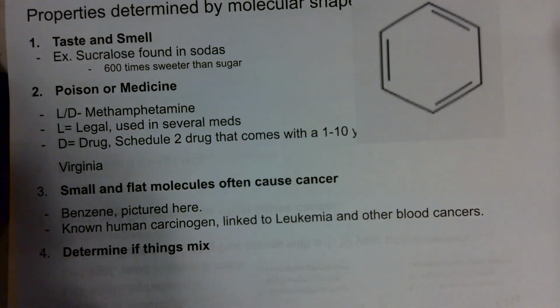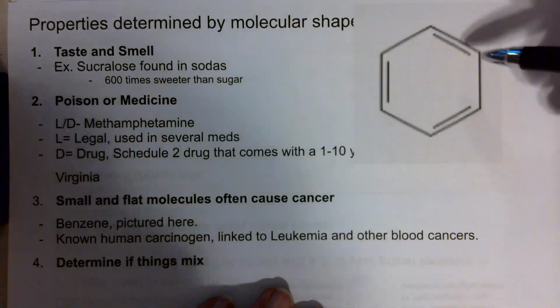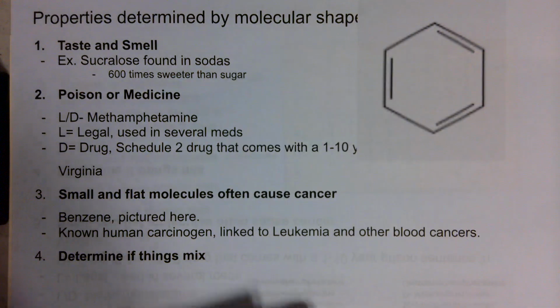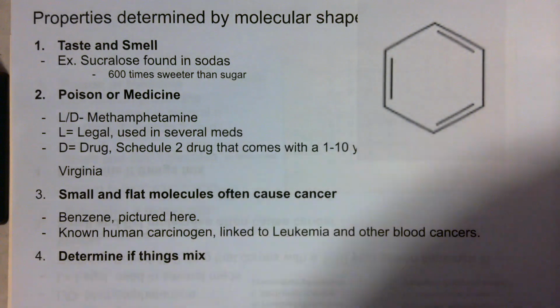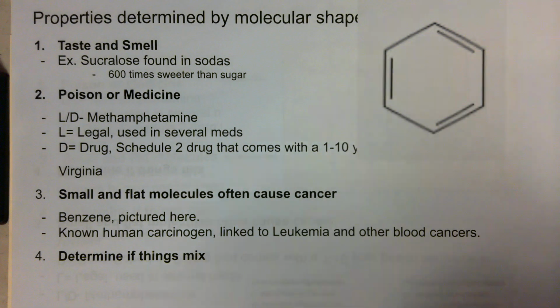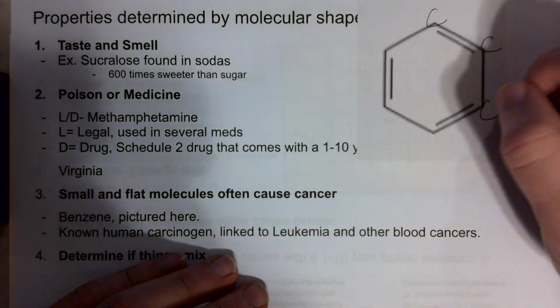Lastly, we said small flat molecules often cause cancer. This structure right here is known as a benzene ring. So, benzene pictured here. Now you don't have to know exactly what benzene is, and I wish I got a better one, but each one of these points is a carbon.